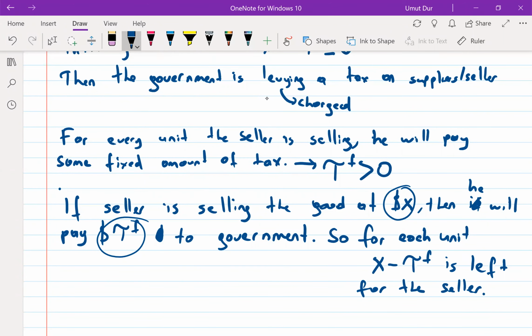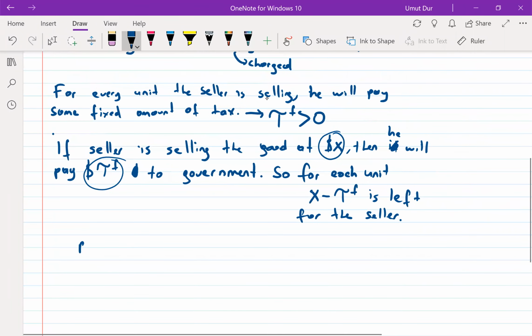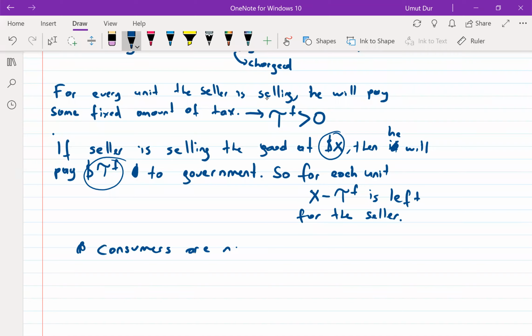Here consumers are not paying any tax "directly." Why do I put quotation marks on directly? Because indirectly, this tax may have an effect on the increase in the price, and some of the tax burden will be paid by the consumer.